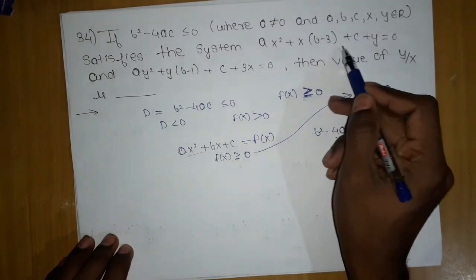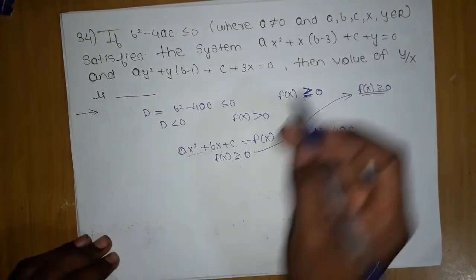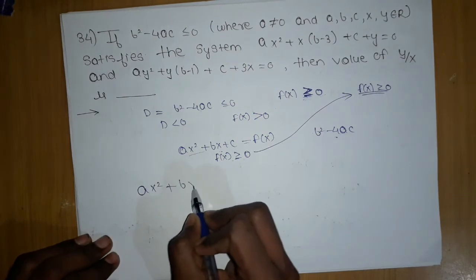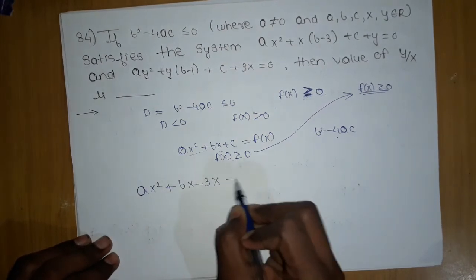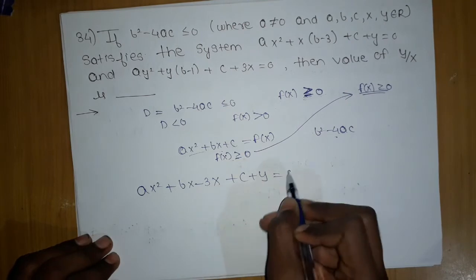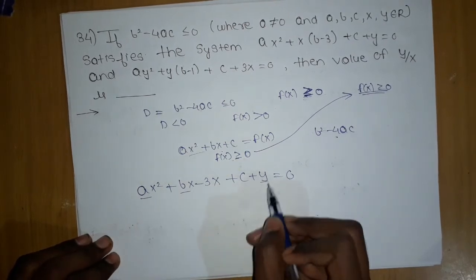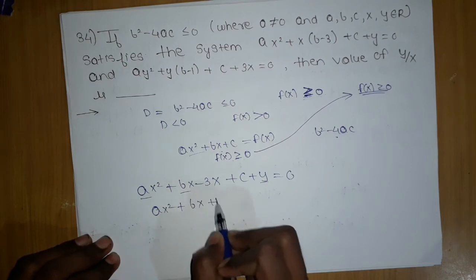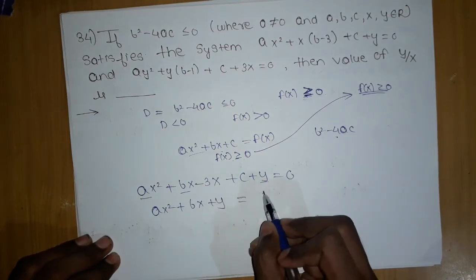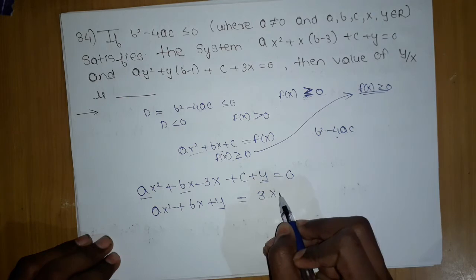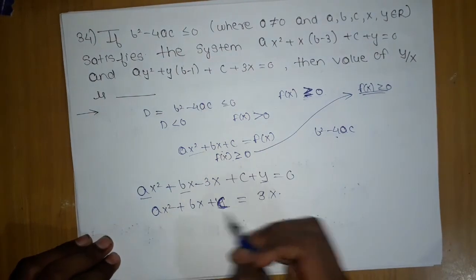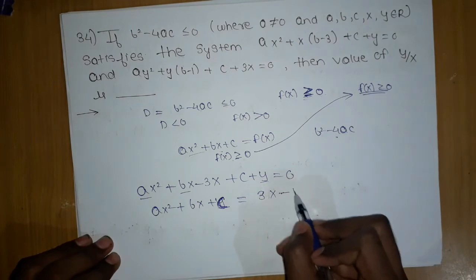How can we create it? Let me take the first equation, ax square, I will open it, bx minus 3x, plus c plus y should be equal to 0. Now you can see ax square plus bx plus c should be equal to 3x minus y.